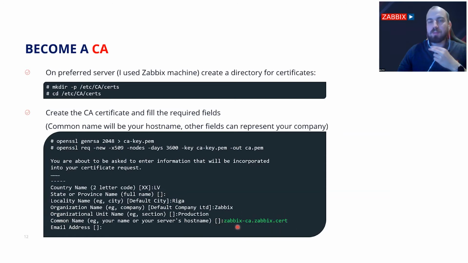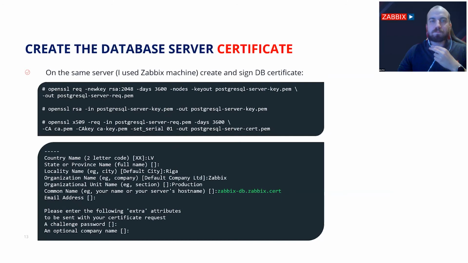So in my case, it's as simple as Zabbix-CA, Zabbix cert, but you can use whatever you like or use, in the actual production, your naming policy. So we have a CA, and that means we can create certificates and we can sign them. That's why you need to become a CA or certificate authority.